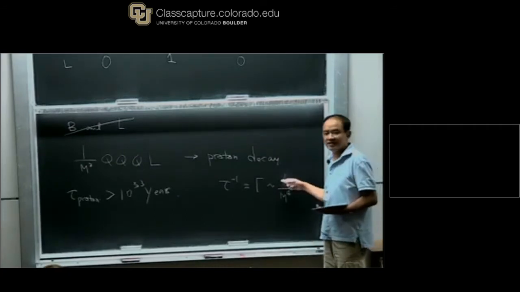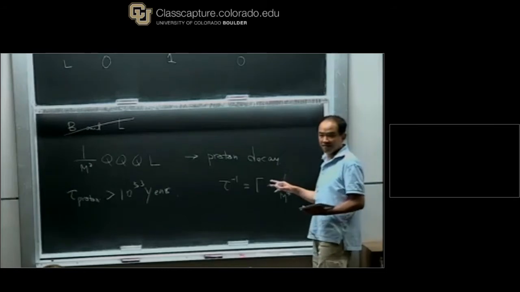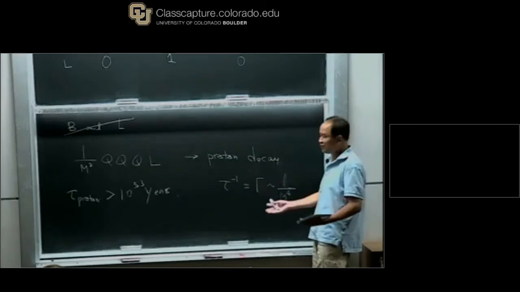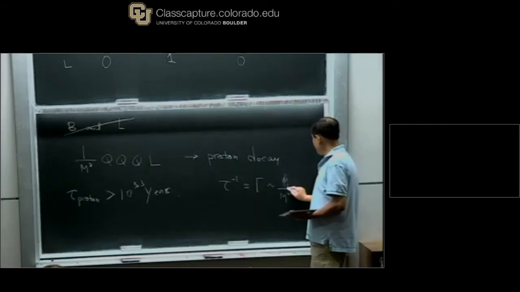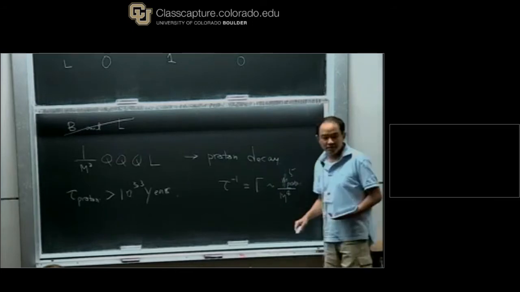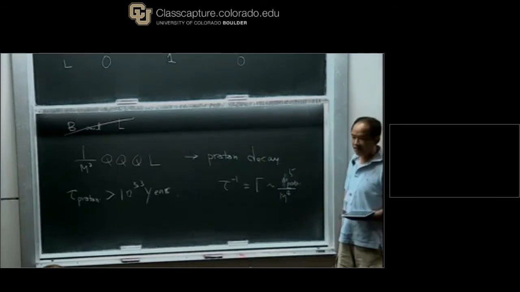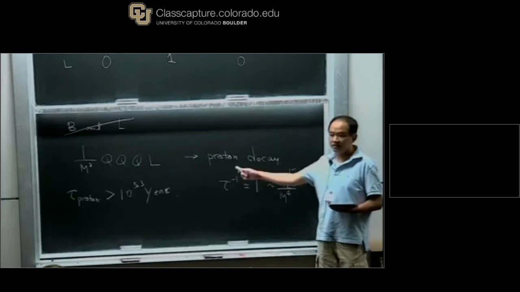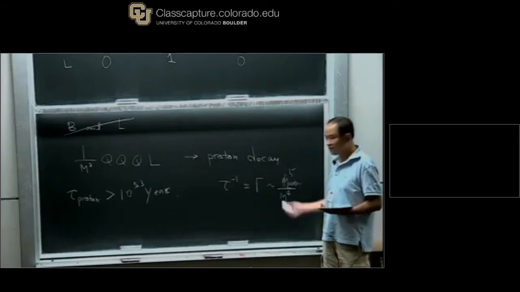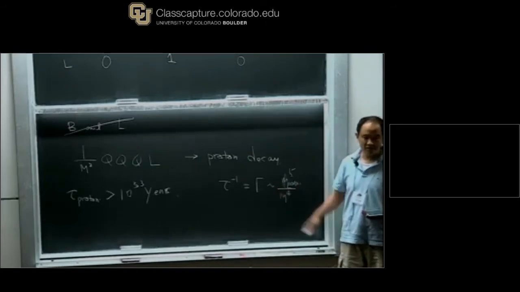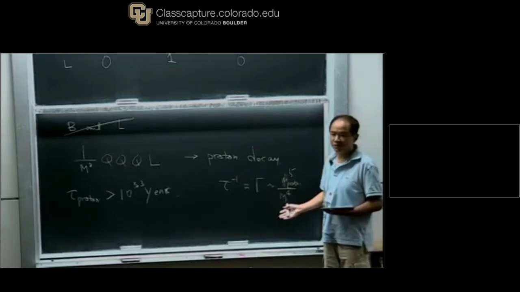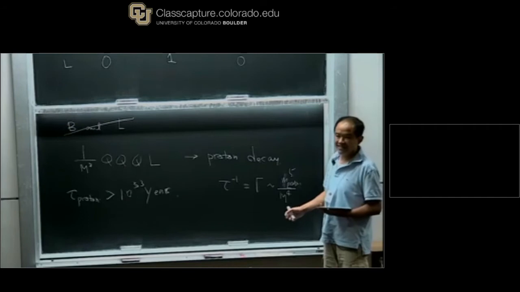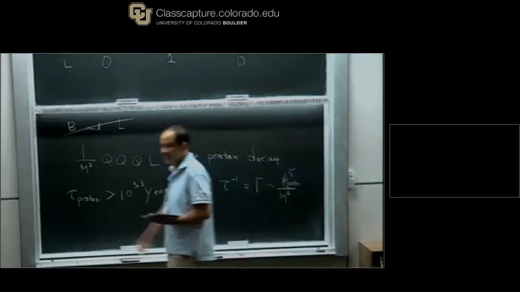So what's upstairs? The only other dimensionful quantity is the proton mass. Okay, so m proton. Okay, that's roughly the lifetime given this operator. And there are some pi's and so on. Well, since this is a formal theory school, we work in units where pi equals 1. Okay, so.